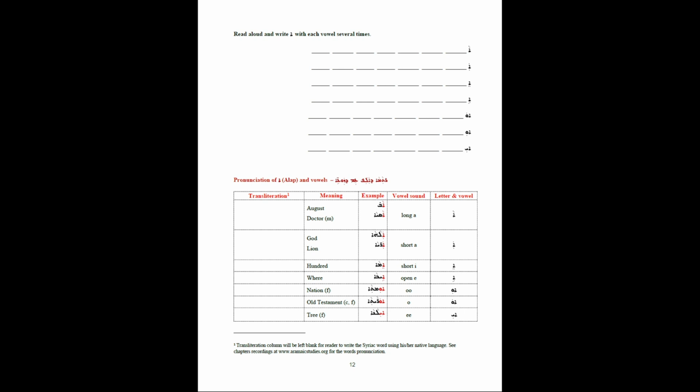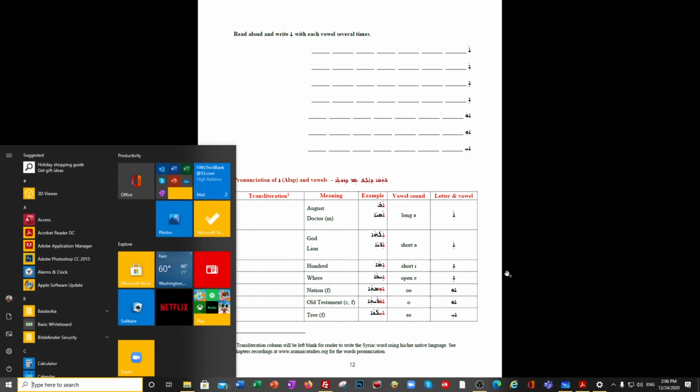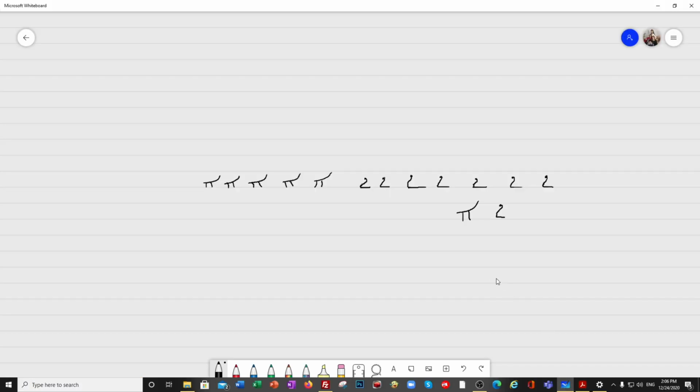So you're going to memorize this every time we have any letter. And here we're going to shift this and take some examples with the alap as shown here. So let me switch back to the digital board and write alap with the vowel.